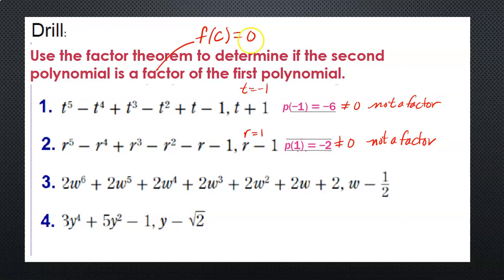Finally, these last two, same type of deal. W minus 1/2 means that W is 1/2. We evaluate. You may have gotten the decimal version of this. Either way, it doesn't equal 0.